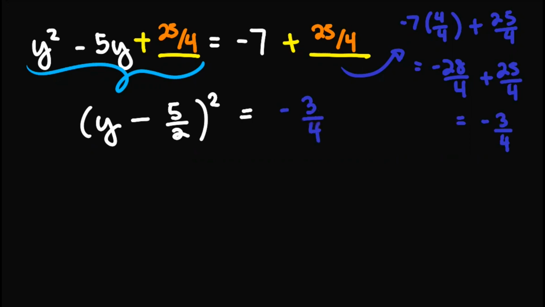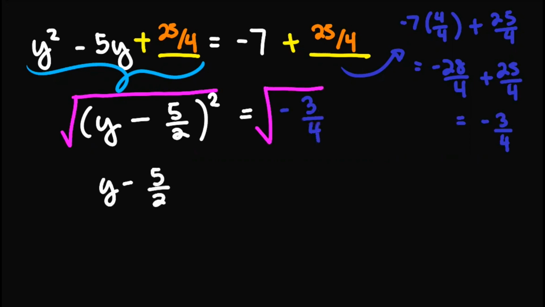And now we take the square root of both sides. So we'll have on the left side y minus 5 over 2. And on the right side we'll have, first simplify this. Note that this one is equal to square root of negative 3 over square root of 4.